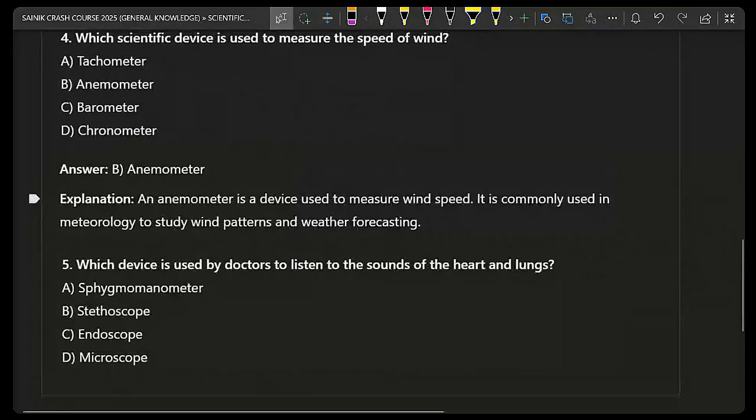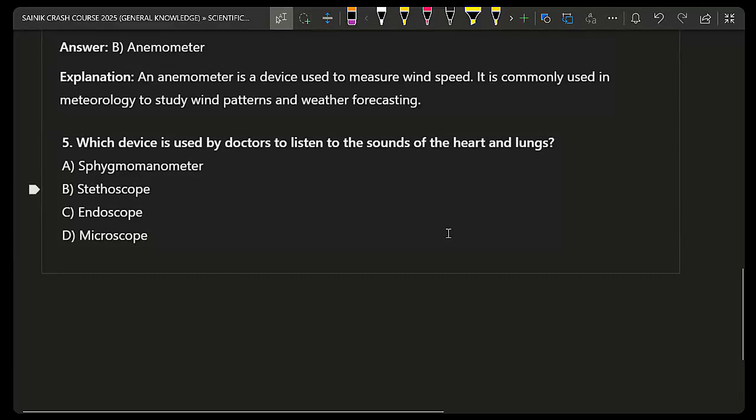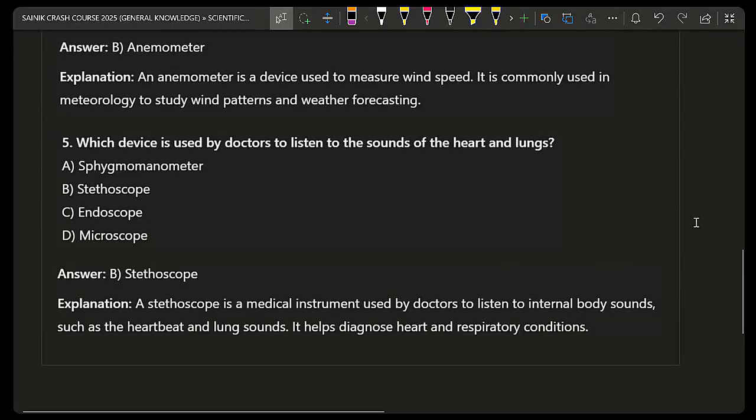So answer is stethoscope. Option B. A stethoscope is a medical instrument used by doctors to listen to internal body parts sound, such as the heartbeat and lung sounds. It helps diagnose heart and respiratory conditions.